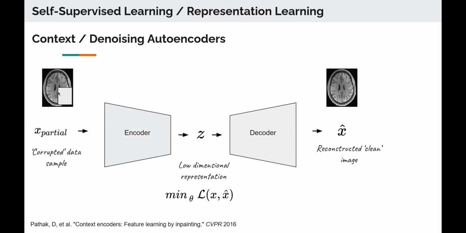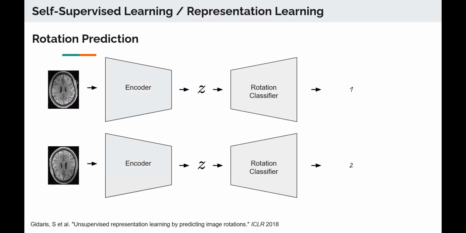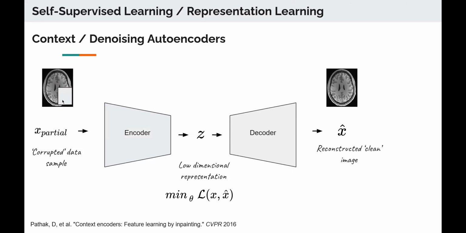But the other challenge is to predict what's going on here based on the context, right? So that's context autoencoders. And one way of viewing this is that this is a corrupted example of the image. This is a particular type of corruption that we have chosen that was proposed in this paper, but there's nothing stopping us from choosing other types of corruptions.